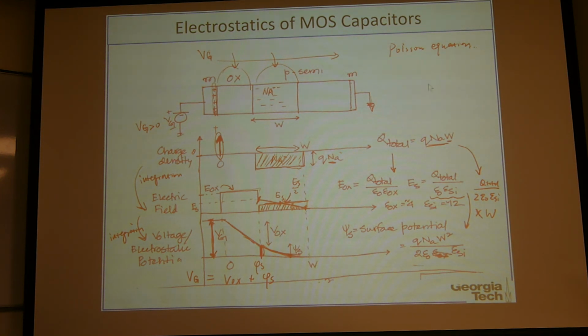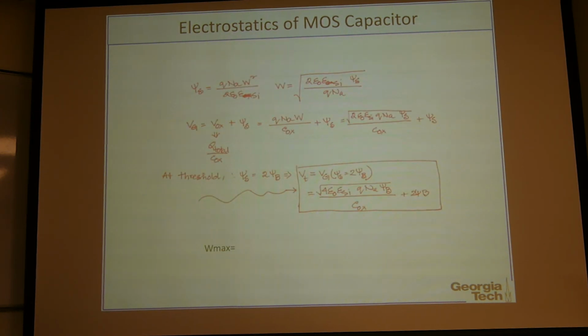Okay, so if we do this, then we'll get the surface potential, phi s equals this equation here, QNA W squared divided by 2 epsilon 0 epsilon silicon. So epsilon 0 is the permittivity of the vacuum, and epsilon silicon is the relative permittivity or the dielectric constant of the silicon, which is around 4. Okay, so this is the phi s from the previous slide.